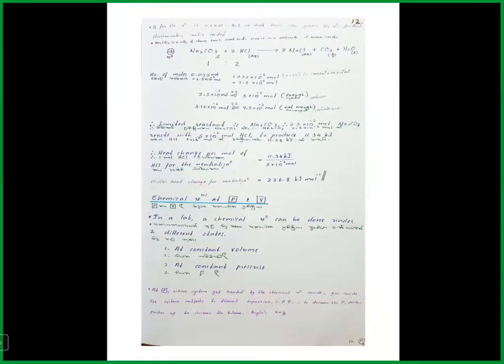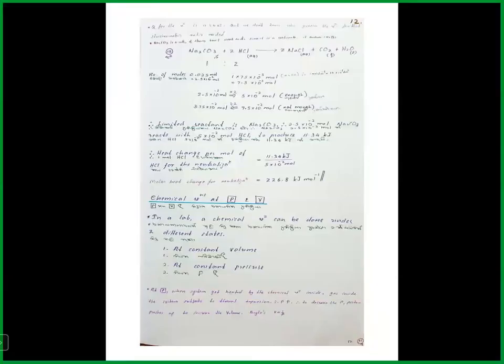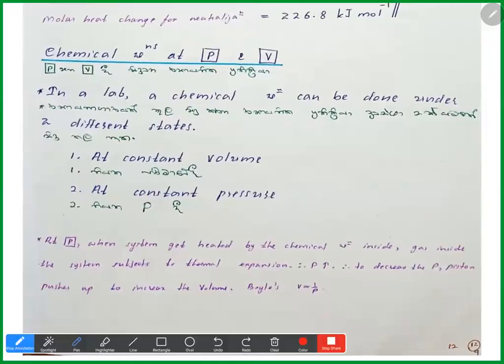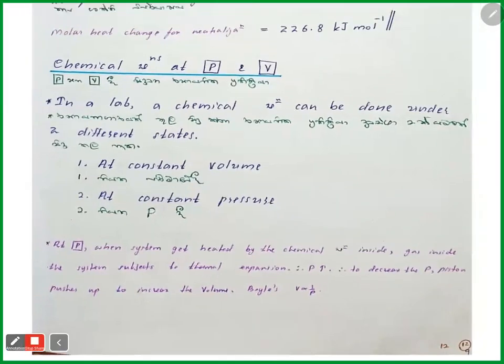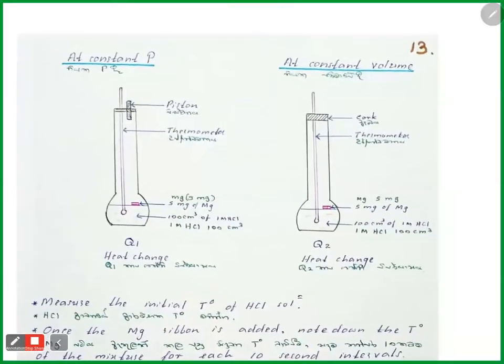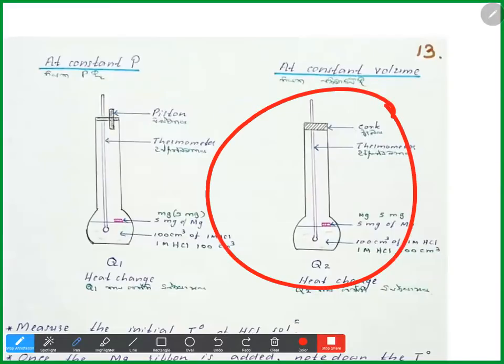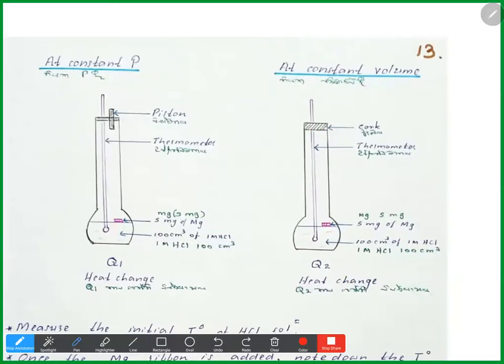See, I did a couple of questions. Then, when we are doing a chemical reaction, we can do it at constant pressure or at constant volume. What is the difference? Constant volume, here we are using this fixed cork, but for constant pressure, we are fixing this piston.